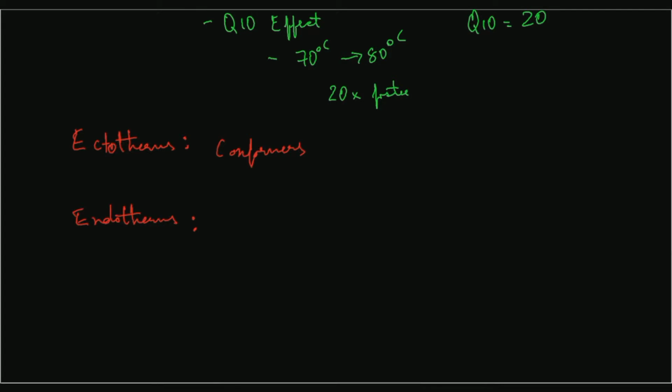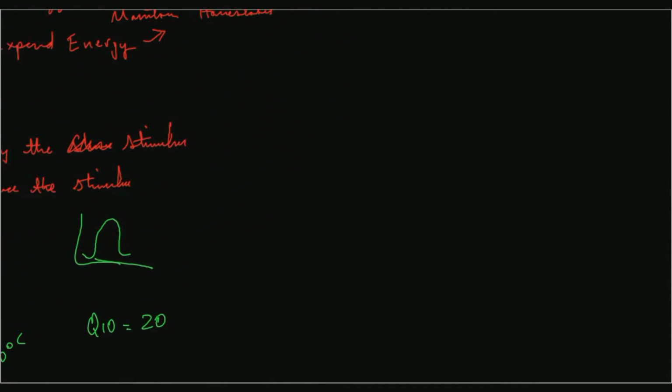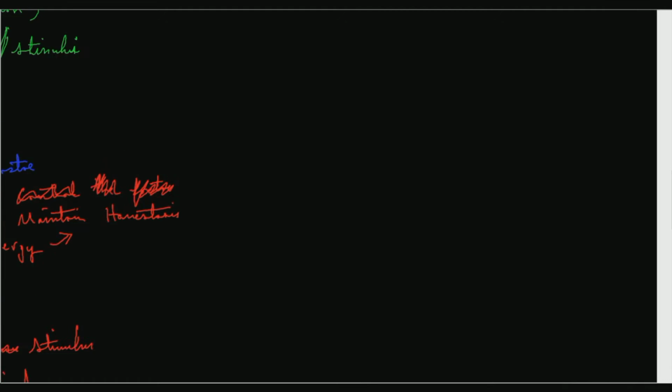And endo means inside, so endotherms are going to be trying to regulate the temperature, so regulators. It's the same definition, not any different for these guys, so I'm going to go ahead and move on because we already went over that.